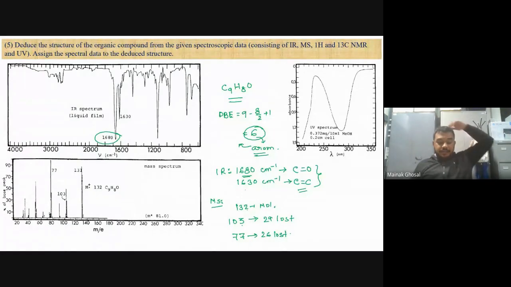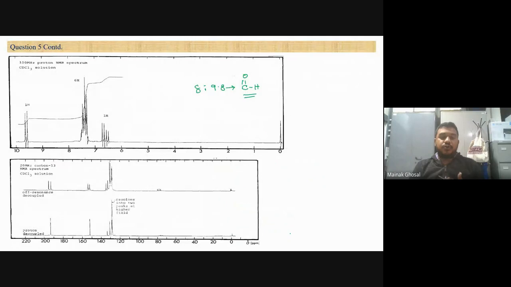So from here, it is difficult to identify which kind of fragments it will undergo to get this kind of pattern, right? From IR and mass, I am not able to understand which kind of structure is giving this result, so I need to refer to NMR.